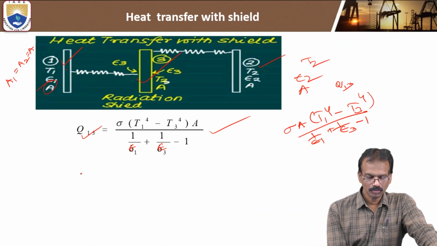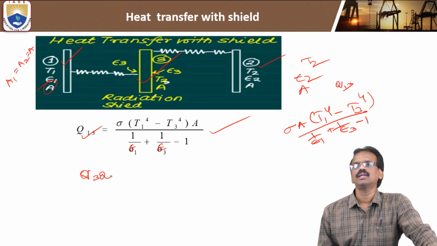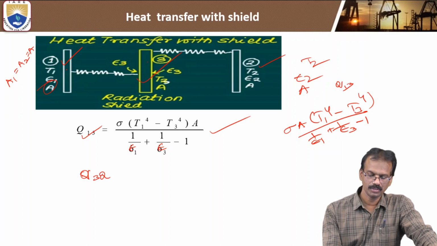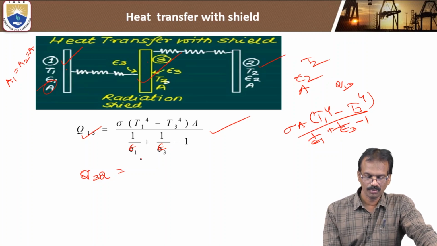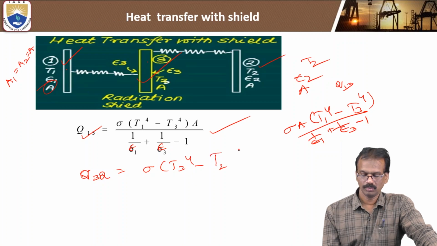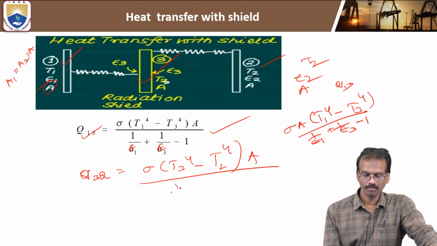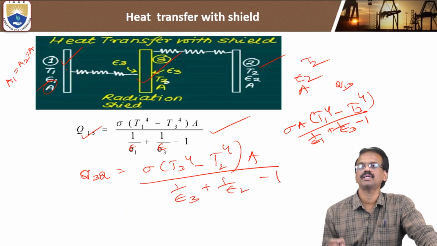Similarly, we can take Q32, the heat transfer between surface 3 and surface 2. Based on this formula, we can write Q32 equals sigma into T3 to the power of 4 minus T2 to the power of 4, into area, divided by 1 by epsilon 3 plus 1 by epsilon 2 minus 1.